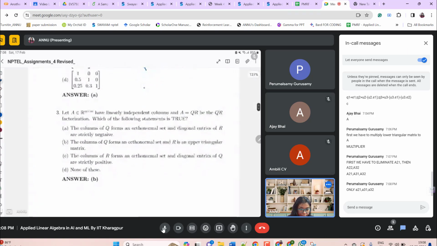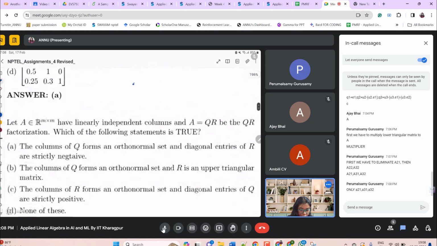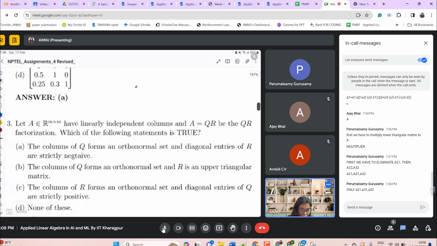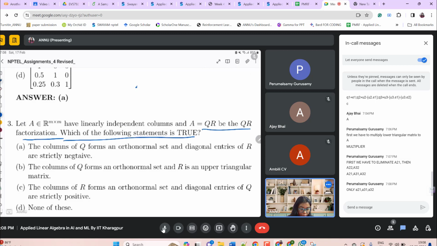So yeah, what is the answer for this? Let A be an M cross N matrix with linearly independent columns, and if A has a QR factorization, which of the following statements are true? The columns of Q form an orthonormal set and diagonal entries of R are strictly negative.